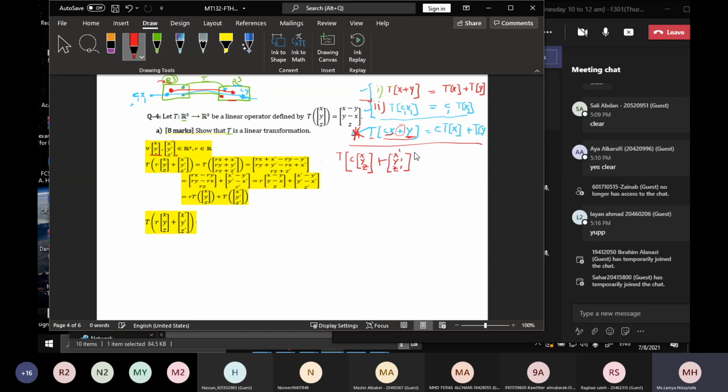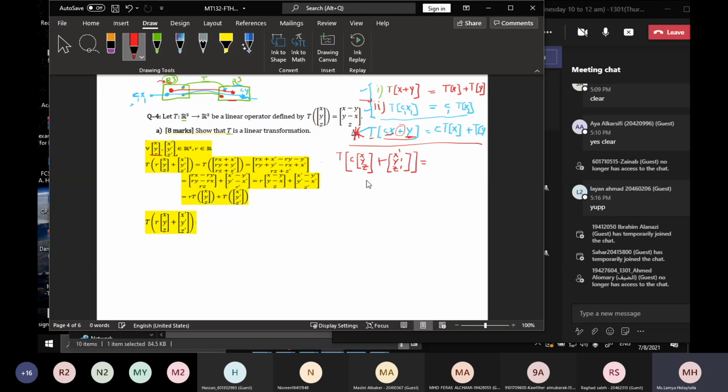We need to find this transformation. So how do we find it? First, we have to simplify this. When you simplify, you are going to get cx plus x dash. This is the first component.